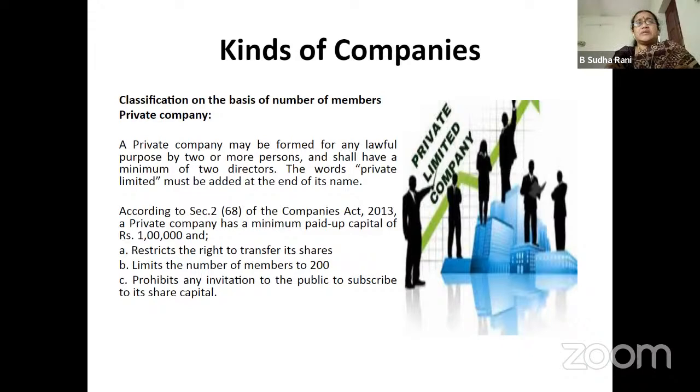A private limited company is one where the minimum is 2 persons and the maximum does not exceed 200. Their minimum paid up capital must be 1 lakh, and they are restricted from issuing any shares to the public, so they raise their capital only from the members among themselves. They will not raise capital from the public.